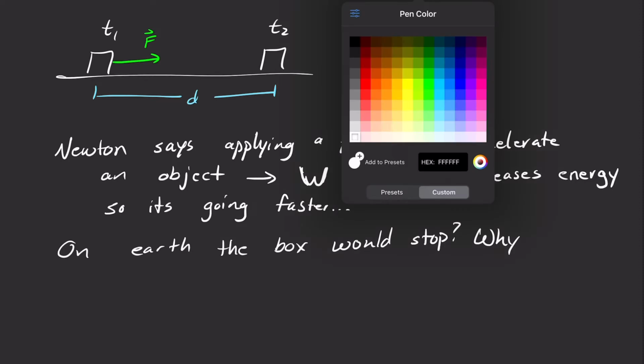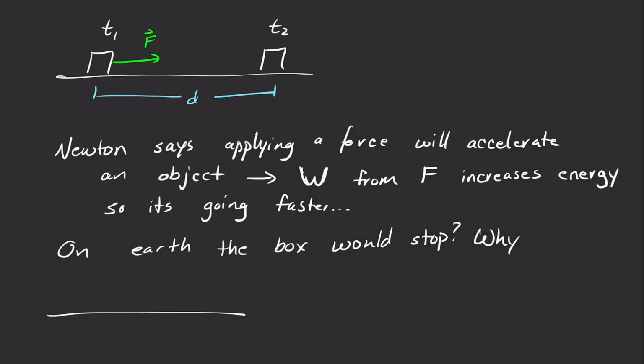Well, it's because this is not the only force that is acting. Most of our experience tells us the object is going to stop, but that's because we can't escape the fact that there is friction. So when objects slide across surfaces, there is typically always friction that's going to slow it down.